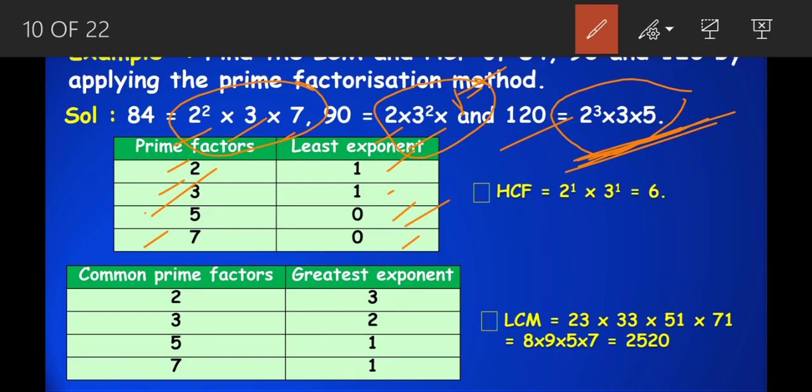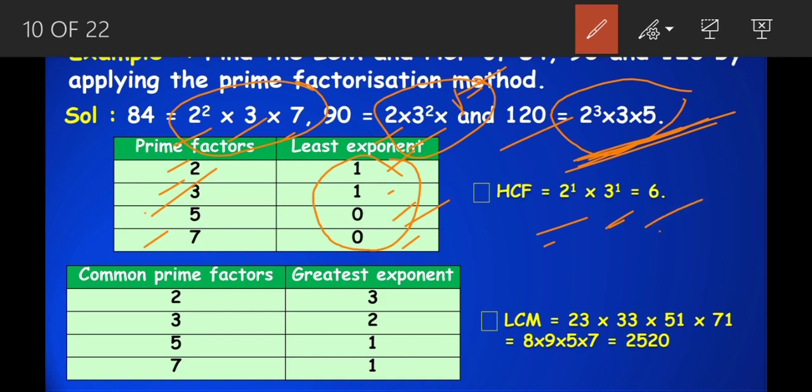Okay. Like that, the least number of times the exponent is occurring, that least exponent value we have to note down. So 2 is 1 time, 3 is 1 time. We have to multiply all these terms. 2 power 1, because it is occurring 1 time. 3 power 1, it is occurring 1 time.